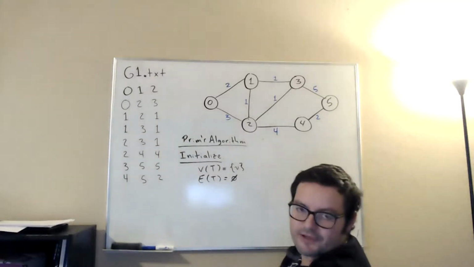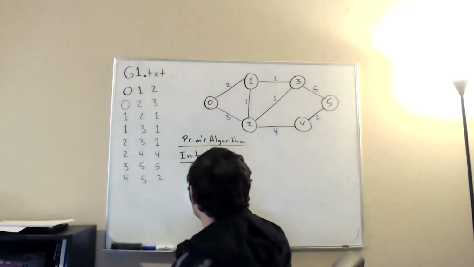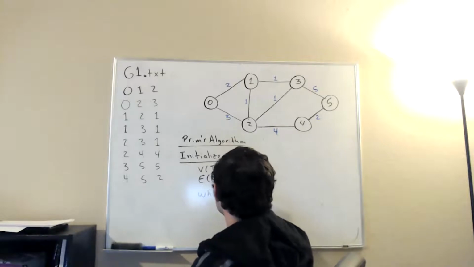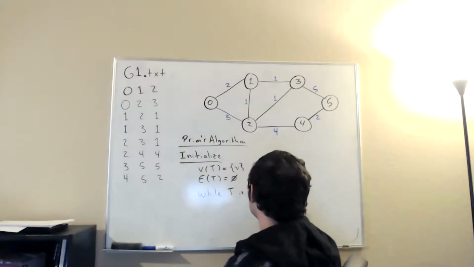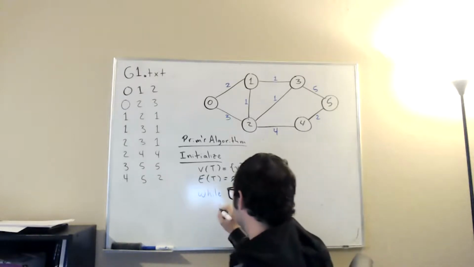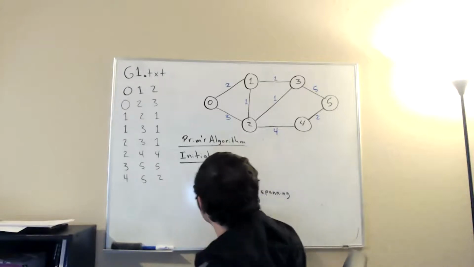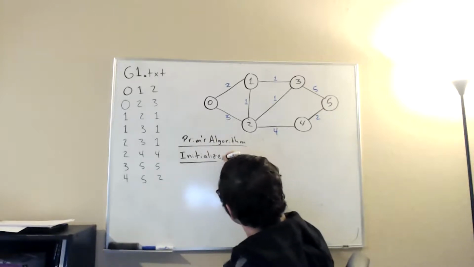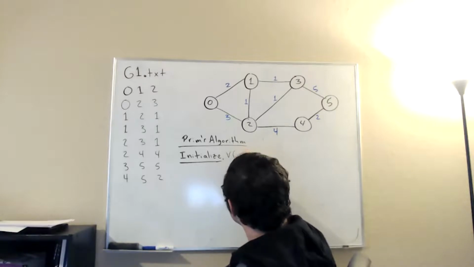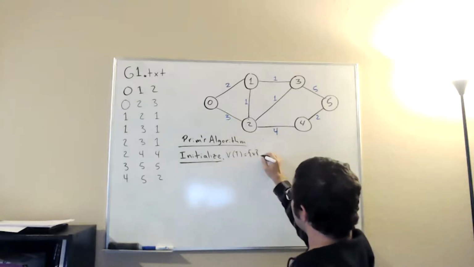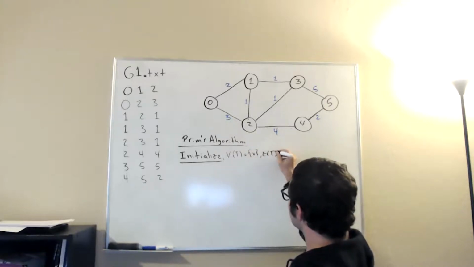So that's the initialization phase. And then we have the while loop. Here's this bad pseudocode: V of T equals some random vertex v, and E of T is empty.